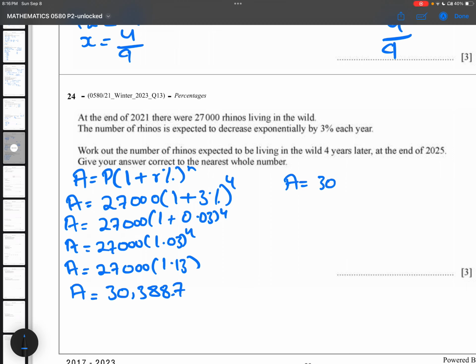So I will write 30,388. Whether it will be 388 or 389, we cannot have half of a rhino, right? So this will be our answer: A is equal to 30,388.